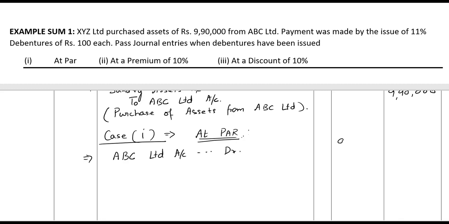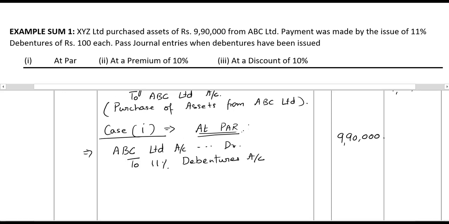The amount payable to ABC Limited is 9,90,000 rupees. To 11% debentures account.